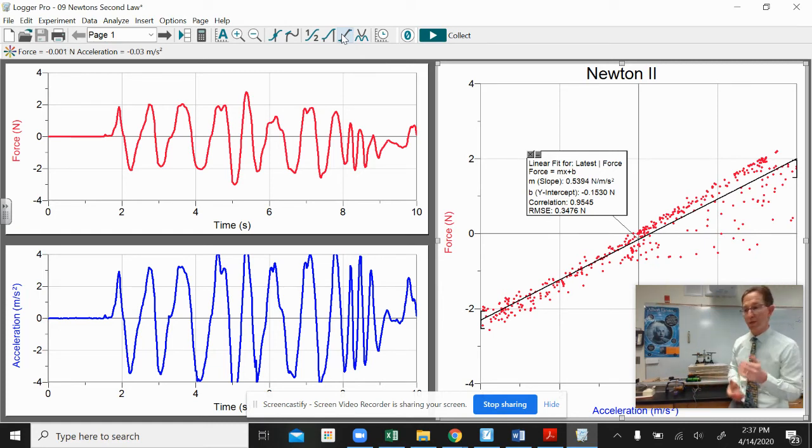To help you consider what the slope might mean, I'm going to add some mass to the cart and then repeat the experiment. How do you think the graph is going to look different with that additional mass?